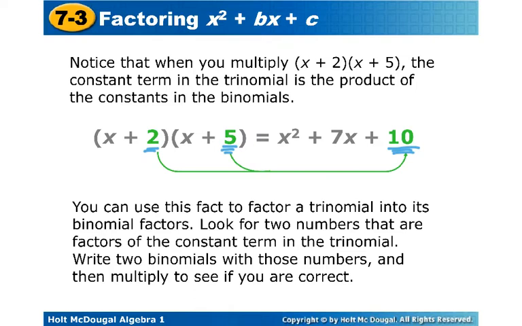And what you're going to do is just write two binomials with those numbers and then multiply to see if you're correct. So we're going to go through some examples. I think it's just easier to go through the examples versus just listening to all the words and trying to explain it. But remember, you're trying to find factors of this number that will give you that middle term.